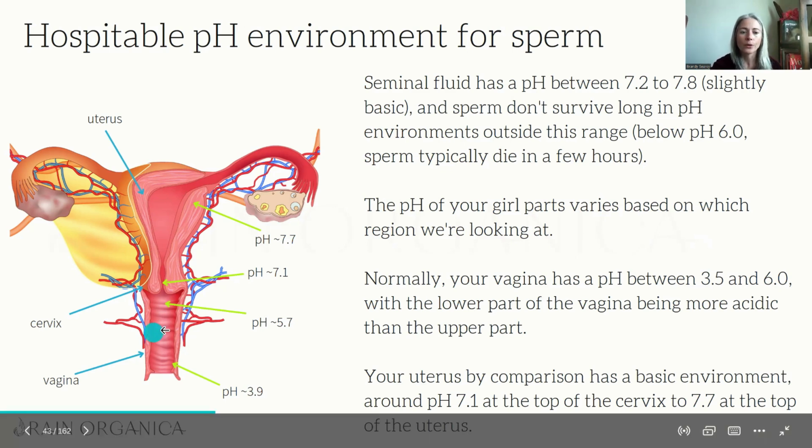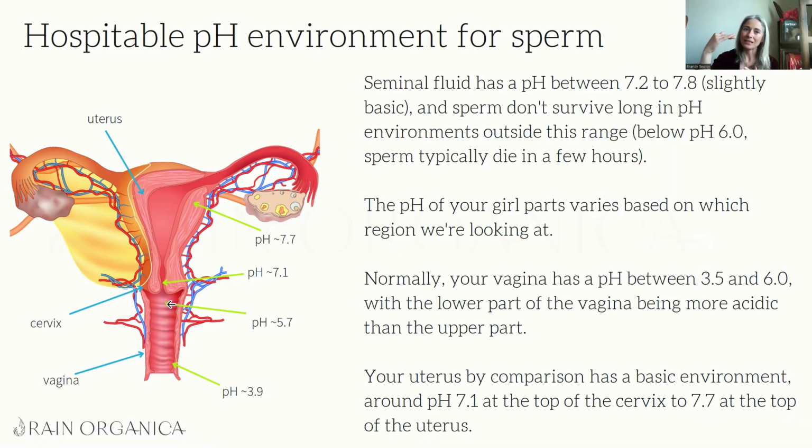As you move up your vagina, closer and closer to your cervix, at the lower end of your cervix, you'll see the pH rise from about a pH of 3.9 up to about a pH of 5.7. Moving through your cervix into the base of your uterus, there's another pH shift, a pretty rapid one across your cervix.